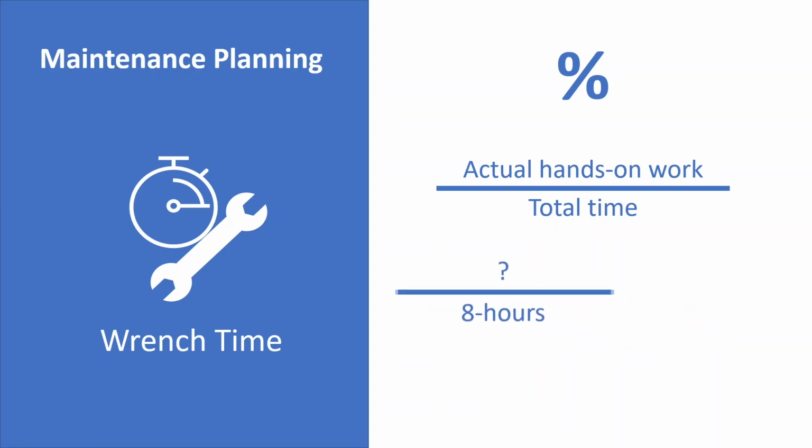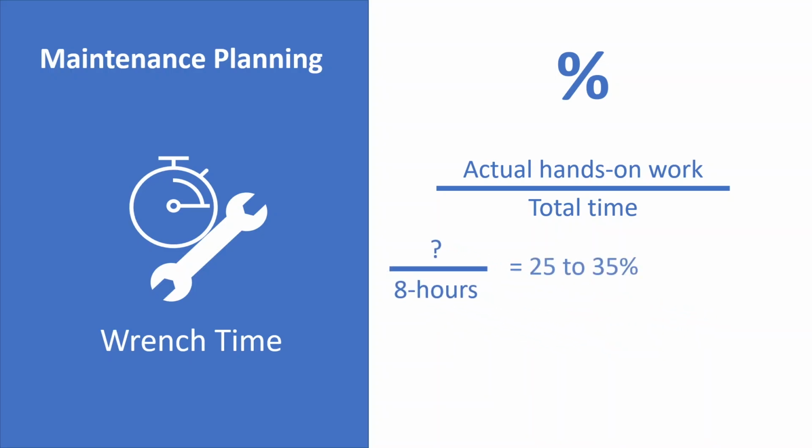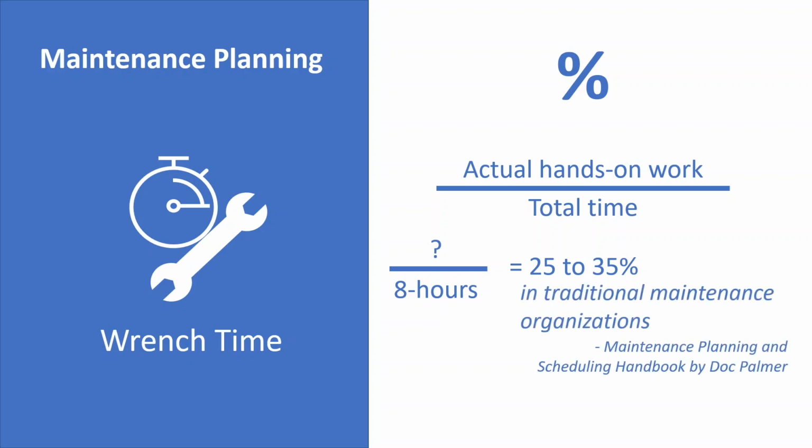The typical wrench time in traditional maintenance organizations is 25 to 35%. It means that on average, a technician works hands-on for 2 to 3 hours in his 9 to 5, 8-hour workday.